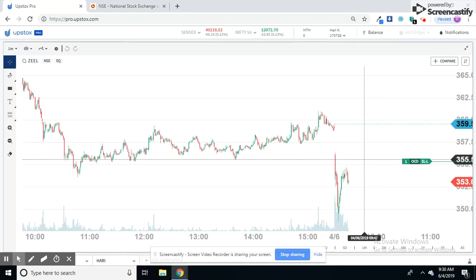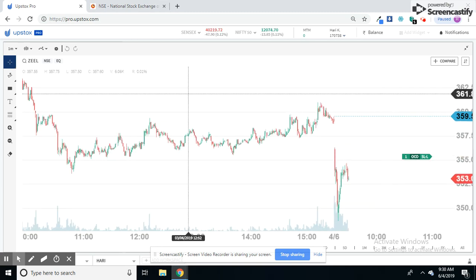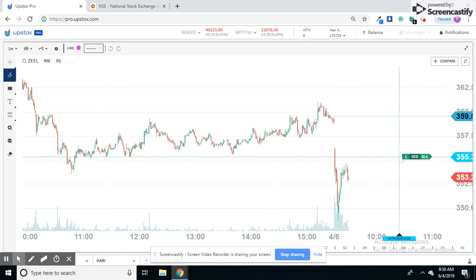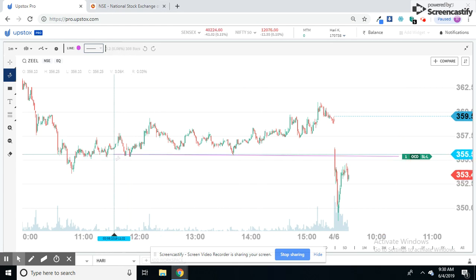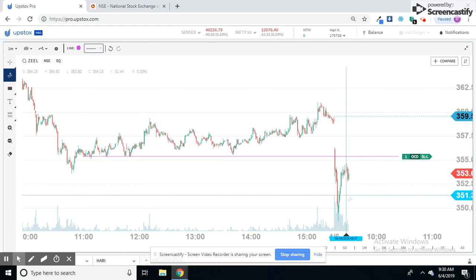If you look over here, I fixed upon this level based on the fact that this was an earlier support level. The price bounced up from this level multiple times. So this was an earlier support level, which will now tend to be a new resistance level.